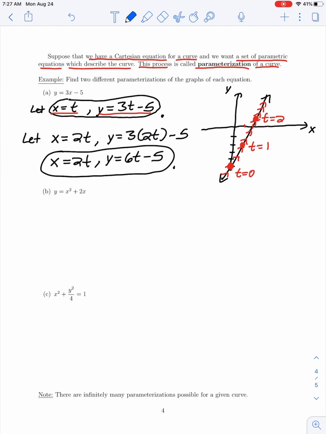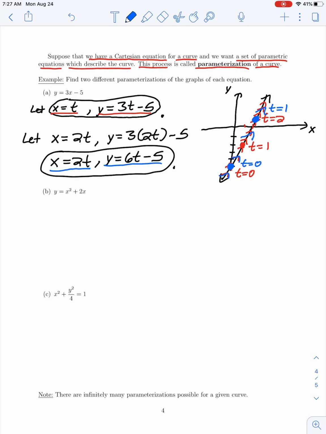So how does this second parameterization describe the line? Well, as t increases, we're still moving in the same direction along our line, and we're tracing out the entire line as t ranges over all real numbers. But the speed at which we're tracing out this line is increased. If t is equal to 0, we still have this same point. But now, as t increases to 1, our x value is 2 and our y value is 1.